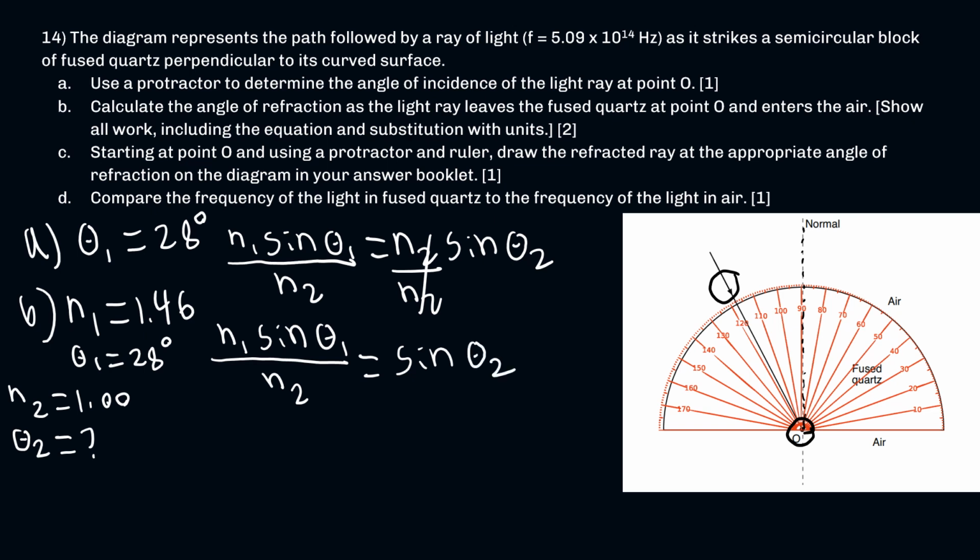Whenever I need to get an angle and it's attached to sine, I'm going to do what's called arc sine. Essentially, that comes from sine is attached to theta 2 by multiplication. I can divide it out from both sides. And on this side of the equation, I will now have sine to the negative first times n1 sine theta 1 all over n2.